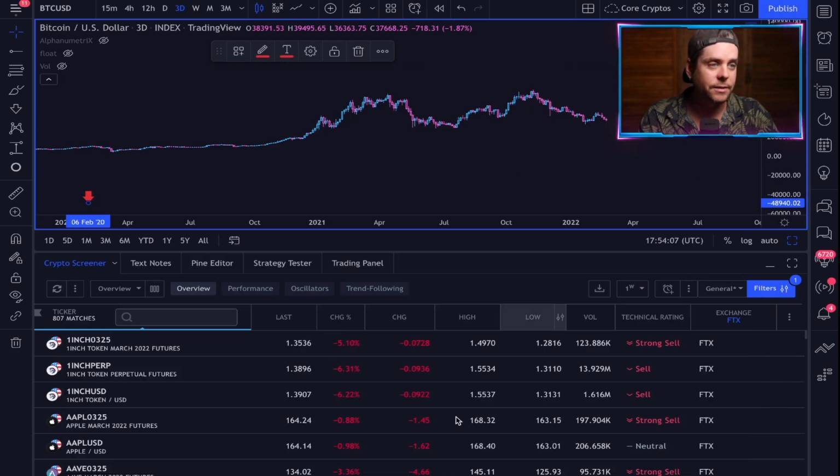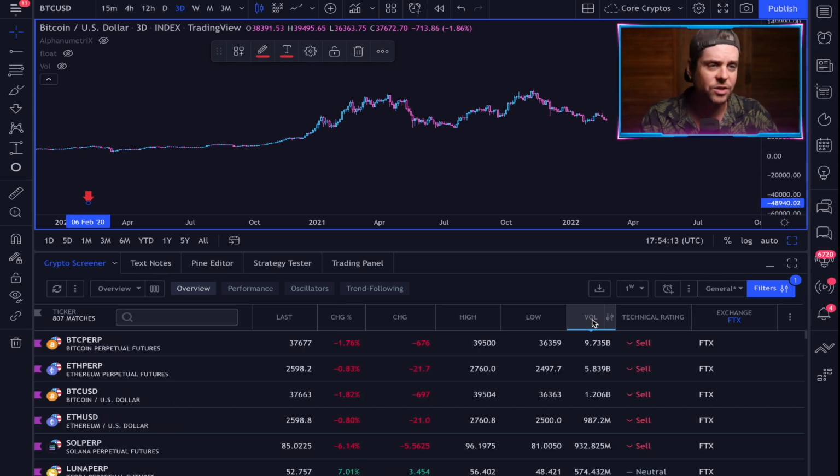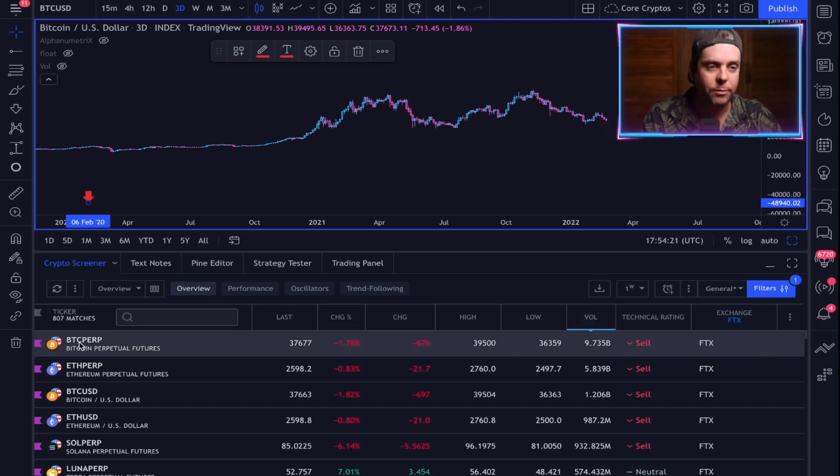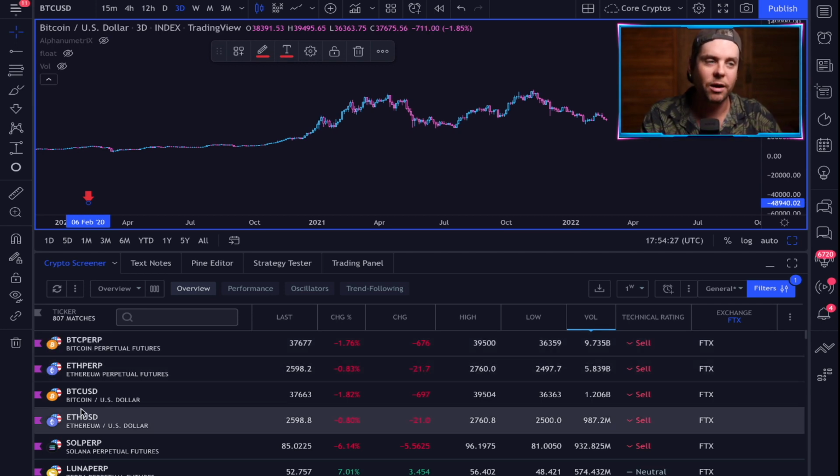And that's it. So I'm going to go down here and go to volume and click that twice so that I have the assets, the contracts with the highest amount of volume. Okay. And then I'm going to go over to this tab and click on every single one that's basically above $50 million worth of trading volume.